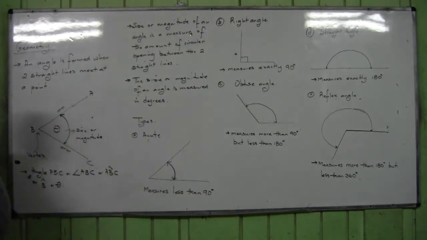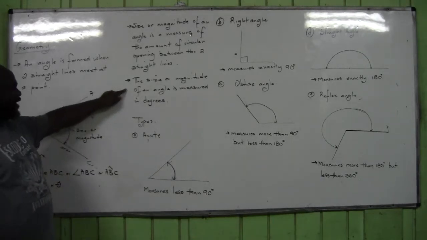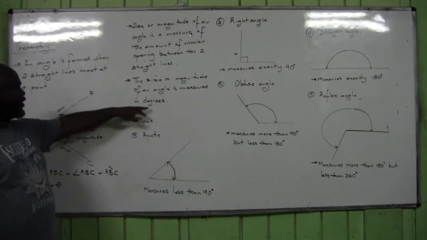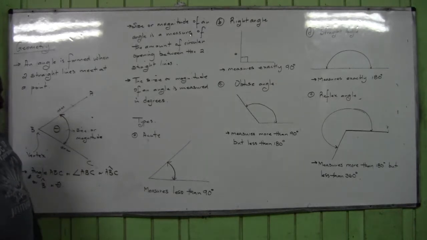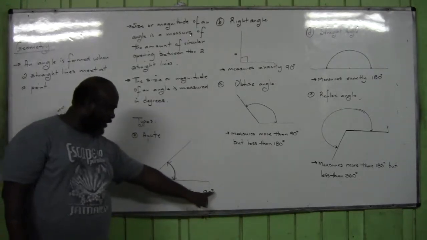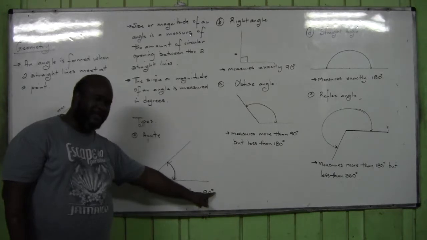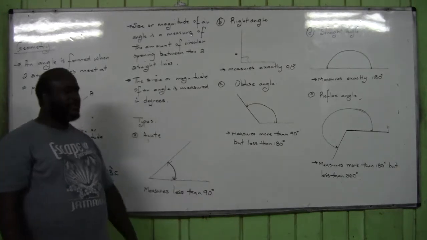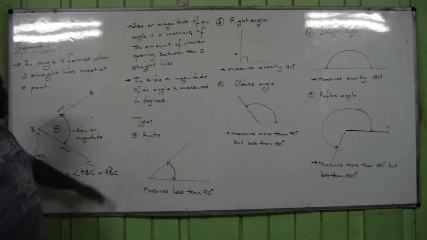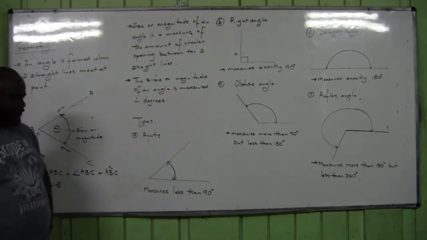The size or magnitude of an angle is measured in degrees. The symbol for that is you write the number, and then there's a little 0 or O above it. That's the symbol for degrees.